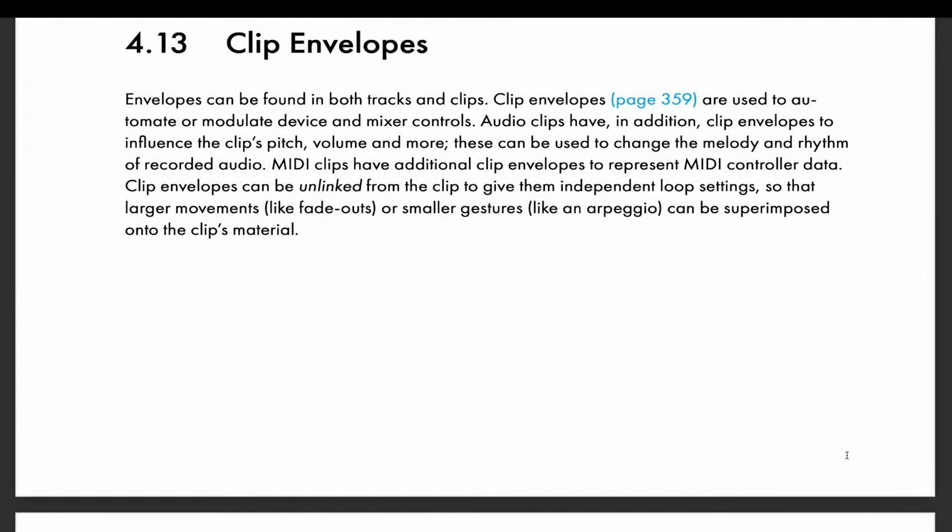4.13, clip envelopes. Envelopes can be found in both tracks and clips. Clip envelopes, page 359, are used to automate or modulate device and mixer controls. Audio clips have, in addition, clip envelopes to influence the clip's pitch, volume, and more. These can be used to change the melody and rhythm of recorded audio.